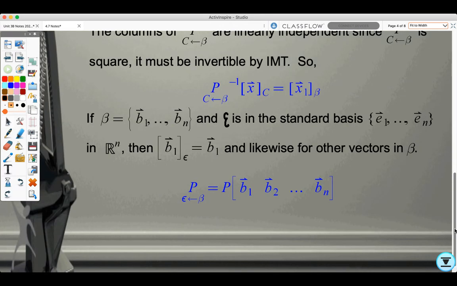So my P matrix from B to epsilon would be P times B1, B2 all the way to Bn.